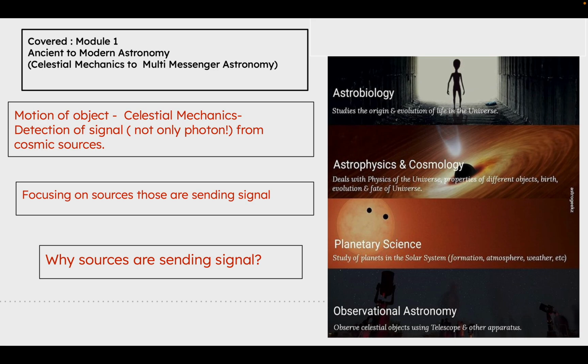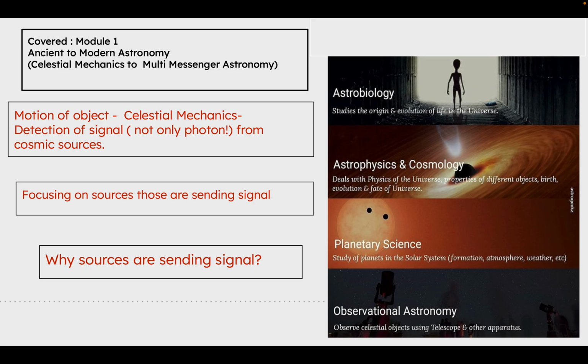So in the early days people were more interested in celestial mechanics, that is how the planets or the stars move in the sky. But now we are mainly focused on detection of signals from different cosmic sources. We want to know why these sources are sending us such signals.